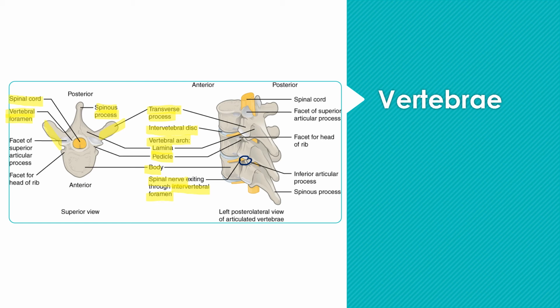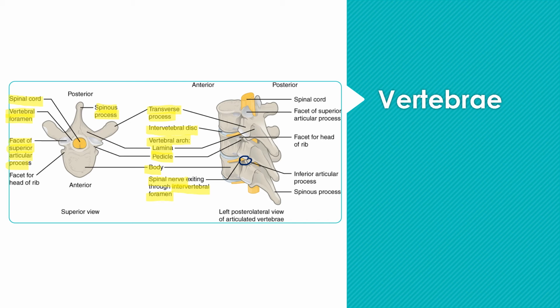Now the remaining 4 processes form joints with other vertebrae above and below. So there are 2 superior articular facets. Those are going to be here.